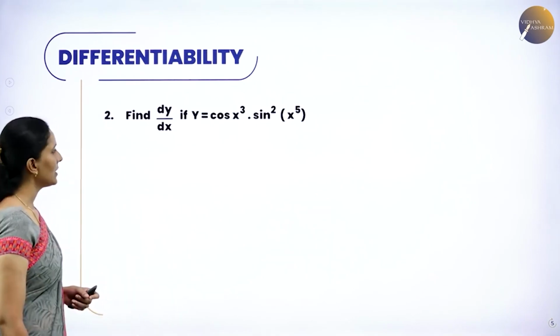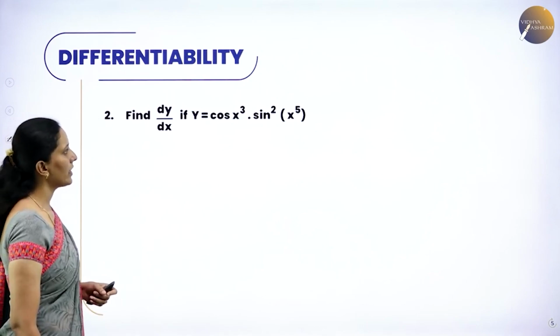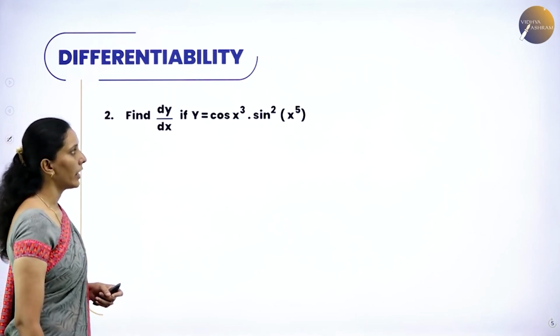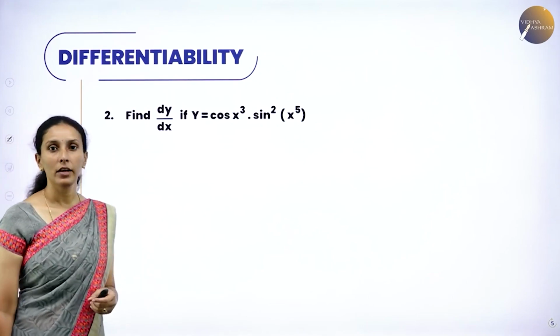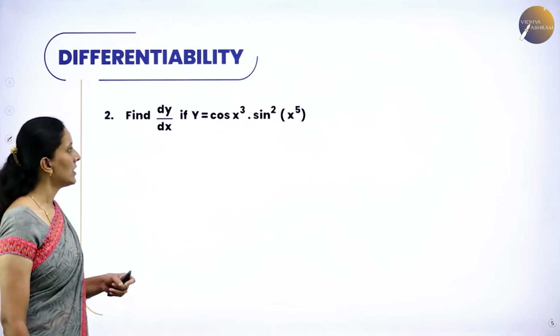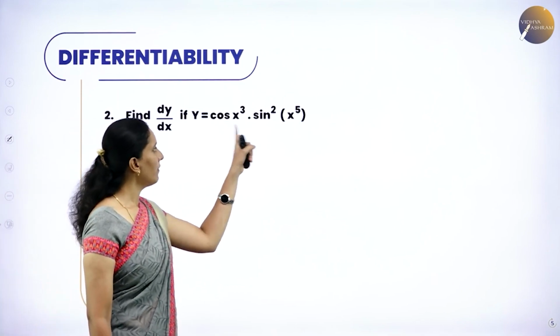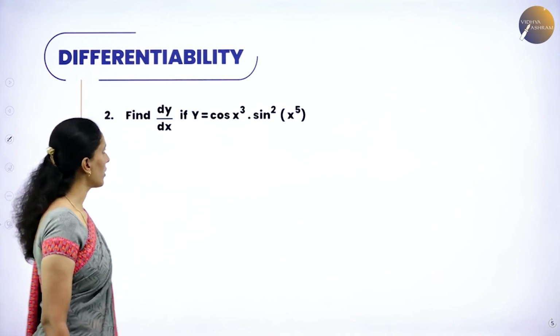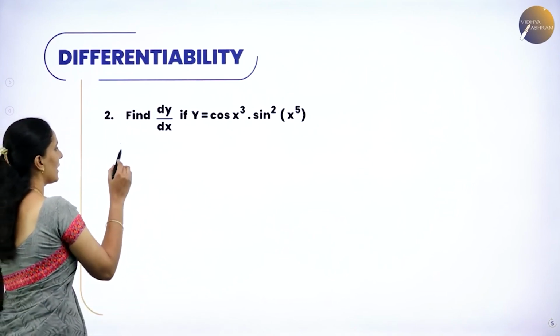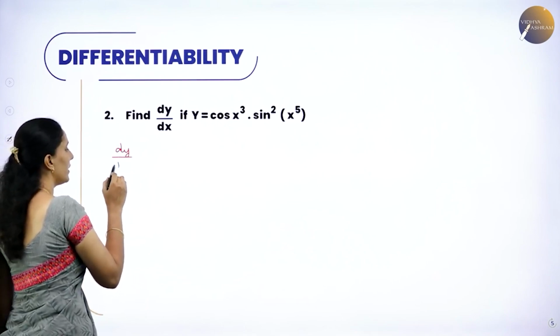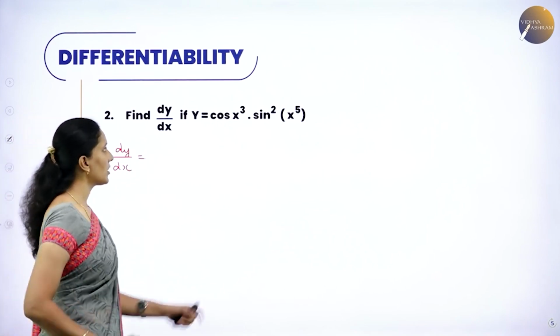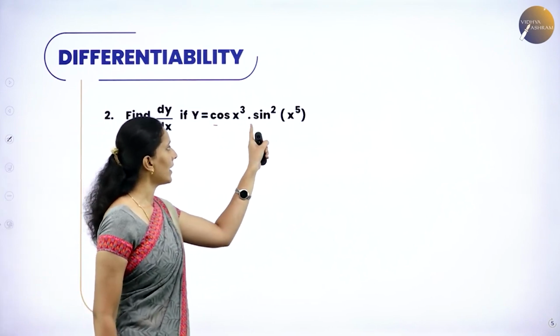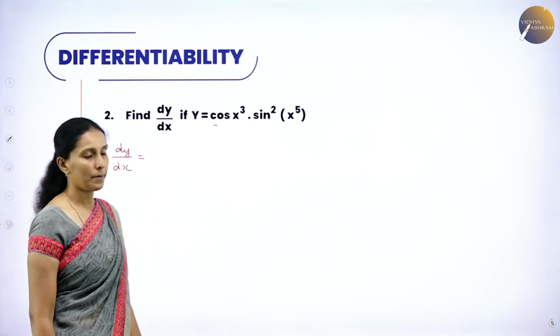Next one, find dy by dx if y is equal to cos x cube into sine square x to the power 5. So clearly here we have the two functions in the form of a product. So let us apply the product rule. So dy by dx, the first function is cos x cube and the second function is sine square x to the power 5.